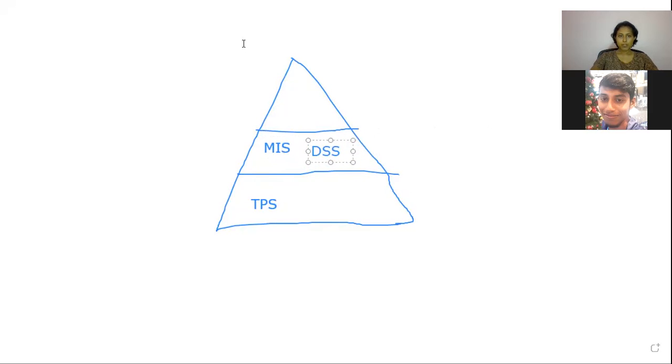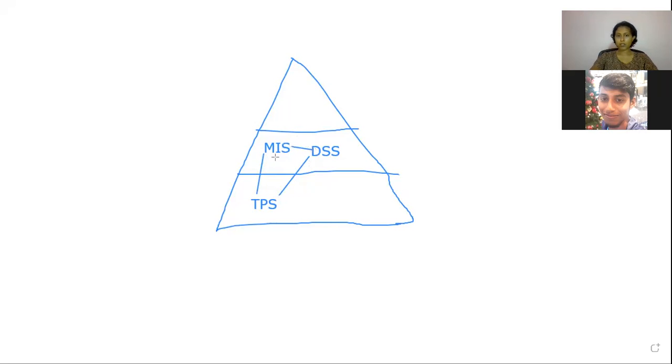Now, like I mentioned earlier, the TPS provides information to the MIS, right? And it's purely internal. But for the DSS or the decision support system, you gain information from the TPS as well as the MIS. Both of these systems provide information necessary to arrive at decisions taken by the decision support system.